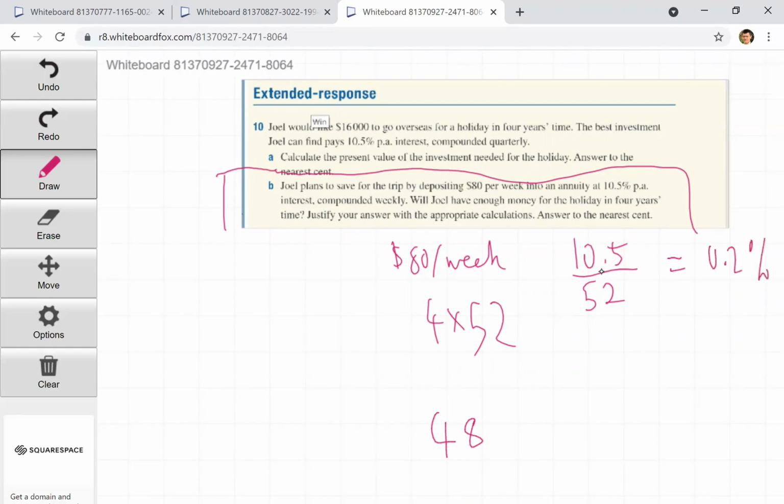So is there a 0.2% on the entry on the table? There's 2%. Oh, so 2% is the smallest. And that's 30.67. Oh, so you're saying 48 periods at 2% is 30.67? Yes.